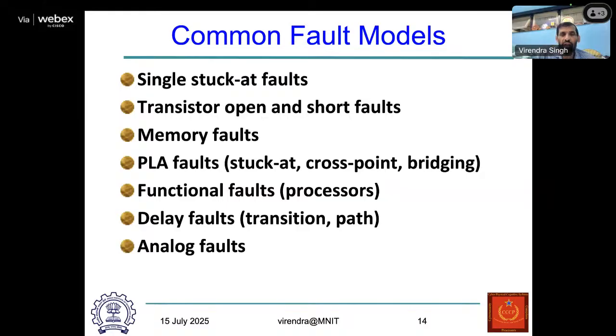Though there is a scheme between the transition delay and path delay that we call the segment delay model. So rather than using a single node or the complete path, we use a small segment of the circuit. So that's the way we go.